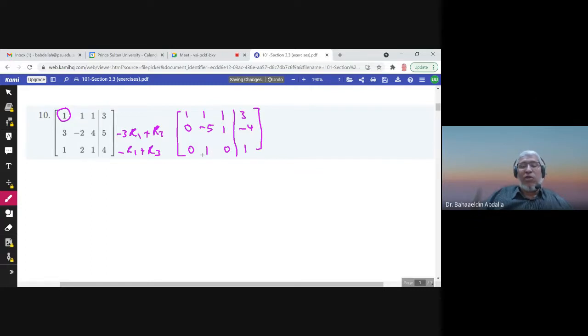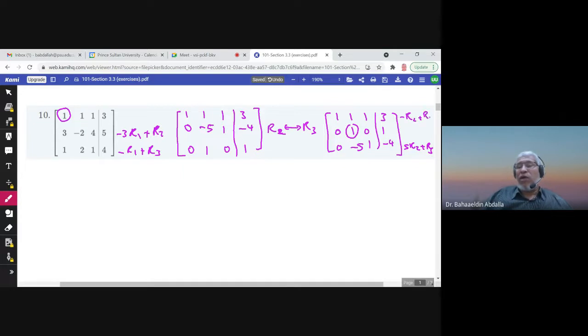Well, this number is 1, and I need the -5 to be 1. So I'll just interchange row 2 and row 3. And now I use this one to make these two numbers zeros. So 5 r2 plus r3 and -r2 plus r1.